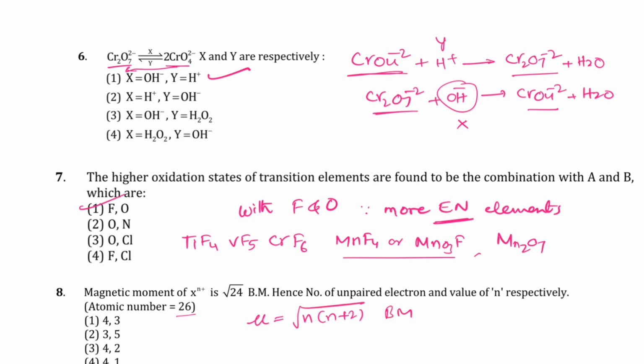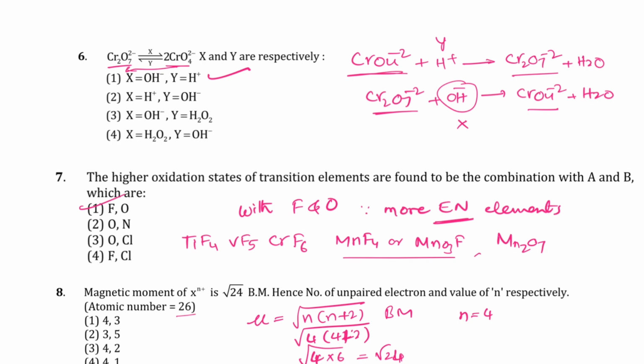So here 24 is there, meaning compulsorily n is equal to 4, because if you put 4 here, then 4 into 4 plus 2, that is 4 into 6, that is root 24. So n equal to 4, we got.